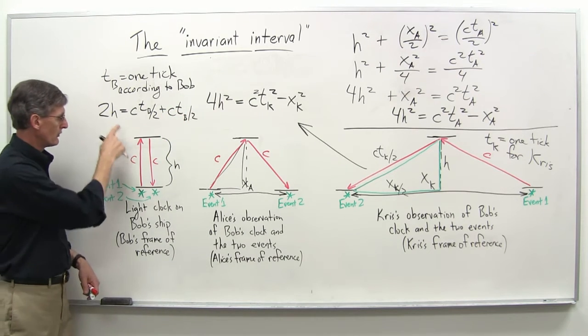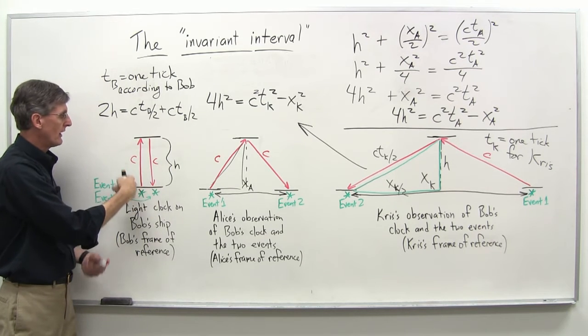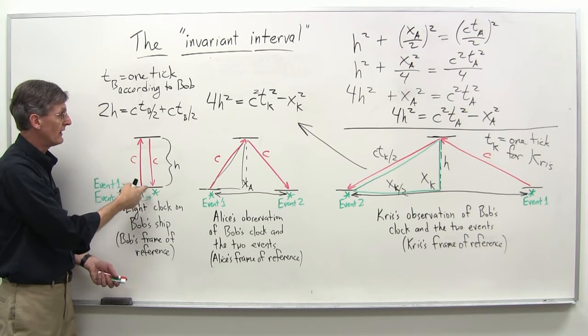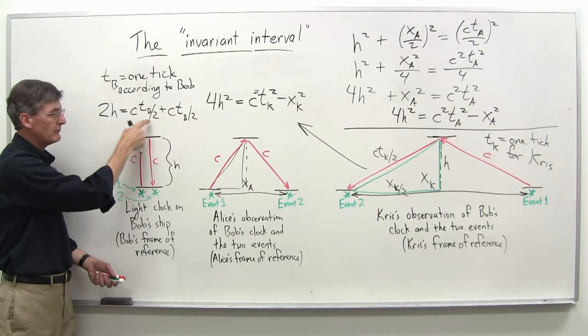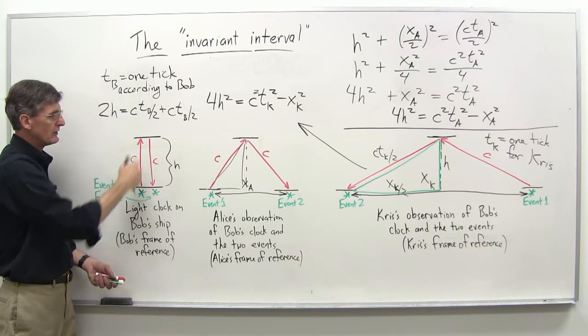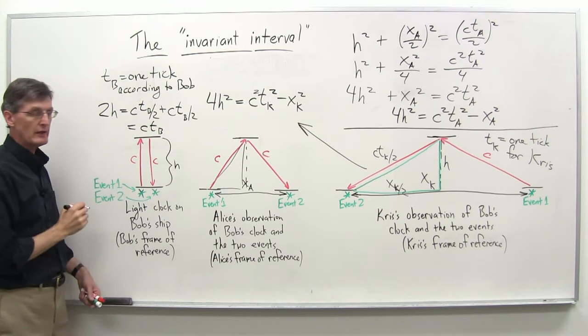You see that? So h up and h down, 2h total for the distance. Thinking about the speed of light, it's going velocity c up, velocity c down, and half a tick is t_b over 2, because 1 full tick is t_b. So c t_b over 2 plus c t_b over 2 just equals c t_b.